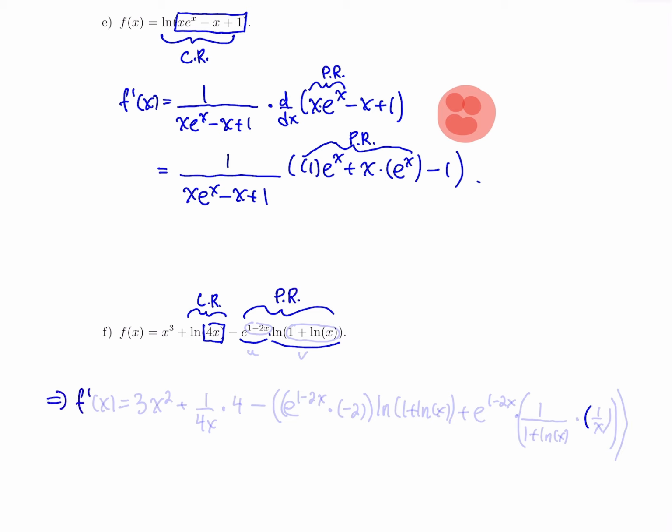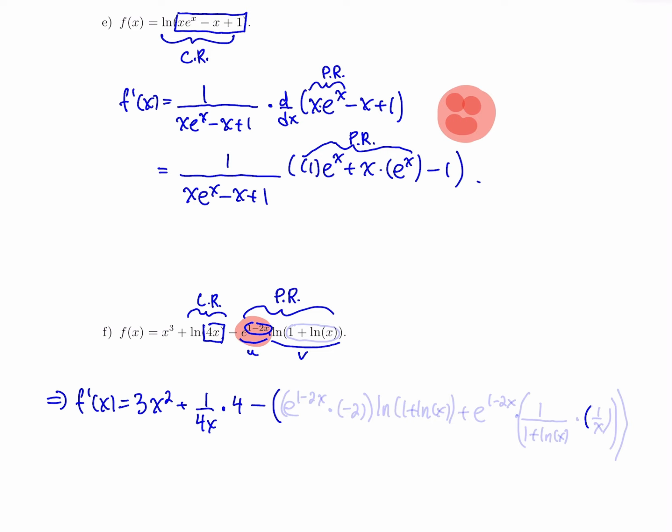For f prime, x cubed is 3x squared. Ln of some stuff is going to be 1 over that stuff, protected here, multiplied by the inner derivative. What is the derivative of 4x? It's just a clean 4. Minus, I'm going to open a bracket here just to avoid sign mistakes. If I call the first term u and the second term v, my u is e to the power of 1 minus 2x.